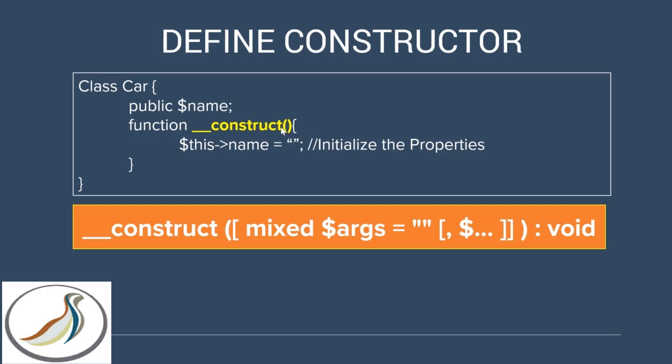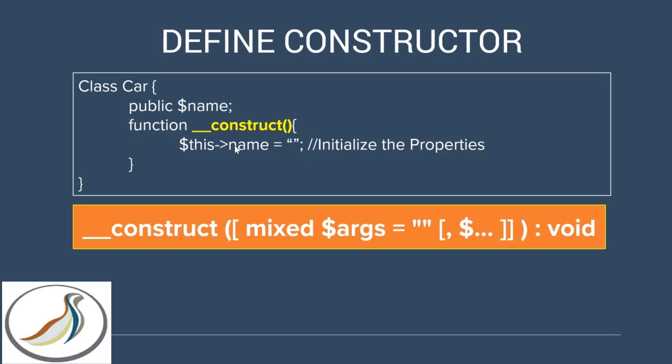You cannot write something else and call it a constructor. Whenever you write it with __construct, this method will automatically be executed when the instance of a class is created. And this is the prototype of that function. The arguments are optional and it doesn't return any value. And remember that it always starts with __ and the word is construct.